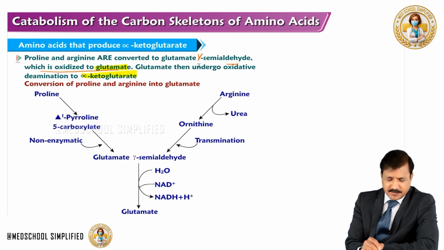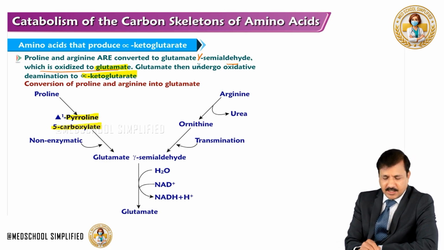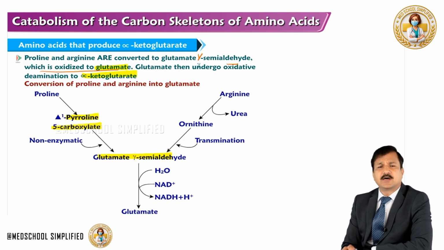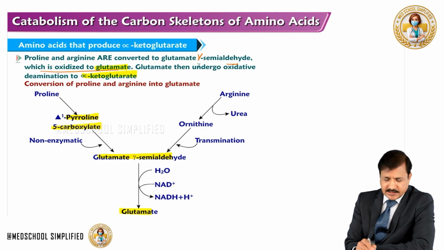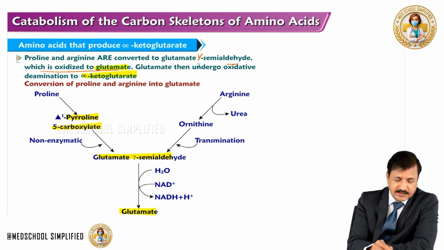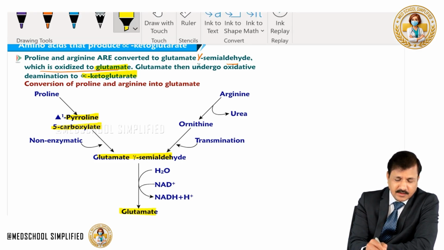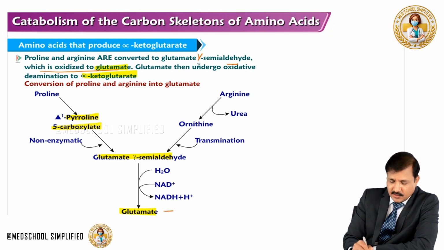Proline is oxidized into pyrroline 5-carboxylate, and then that will be broken down into glutamate gamma semialdehyde. Then this glutamate gamma semialdehyde will be oxidized into glutamate, and the glutamate can now undergo two types of reaction. It can undergo the glutamate dehydrogenase reaction, removing ammonium ion NH4+ to become alpha-ketoglutarate.